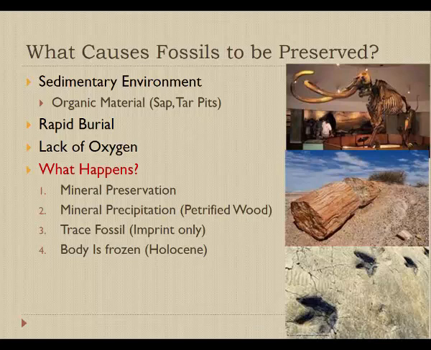Other fossils are not actually representations of parts of an organism, but just representations of traces of an organism. Maybe an animal stepped in a mud flat, and then that mud flat became rapidly buried, so its footprint was captured on the landscape over time. And then finally, there's another interesting group of fossils where a body is actually frozen.